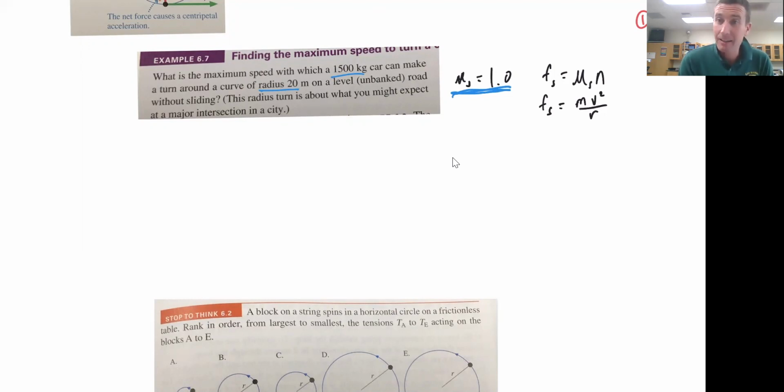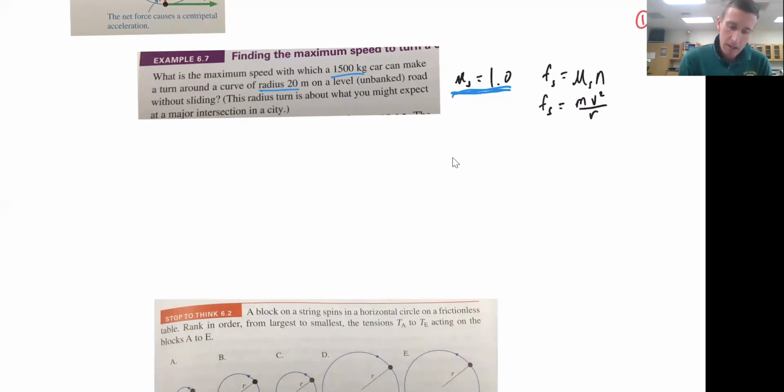And that's the static coefficient of friction, because I don't want this thing to slide out. If it's already sliding, then I have a problem. So I need to maintain the static coefficient of friction so that the tires don't slide sideways out. I'm not talking about them rolling. I'm talking about them skidding out.